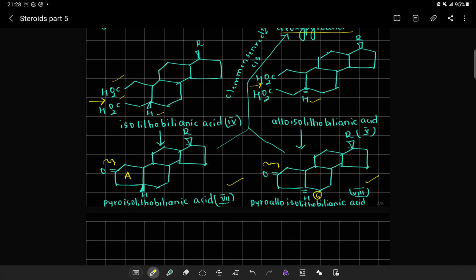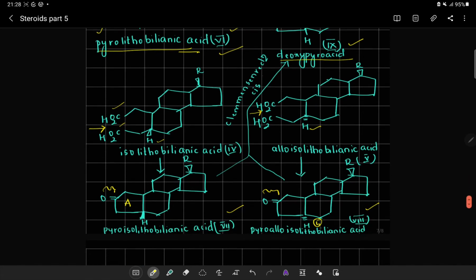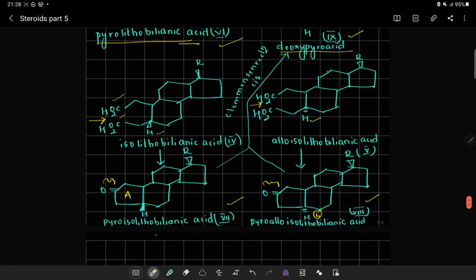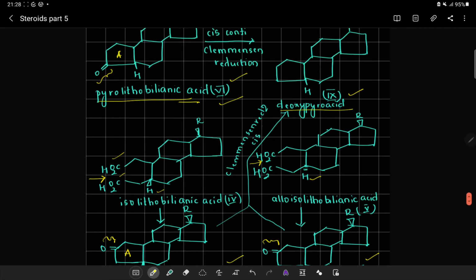Further, compound number 6 is pyrolithobilyanic acid and compound number 7 is pyroisolithobilyanic acid. After the Clemmensen reduction, they have yielded the same product, that is deoxypyroacid. On reduction, it means that 7 is again a cis isomer.